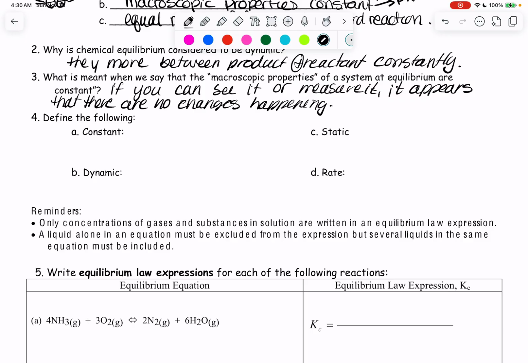Even though we now know that it's at dynamic equilibrium, we can't see it with our eyes or measure it with our devices.